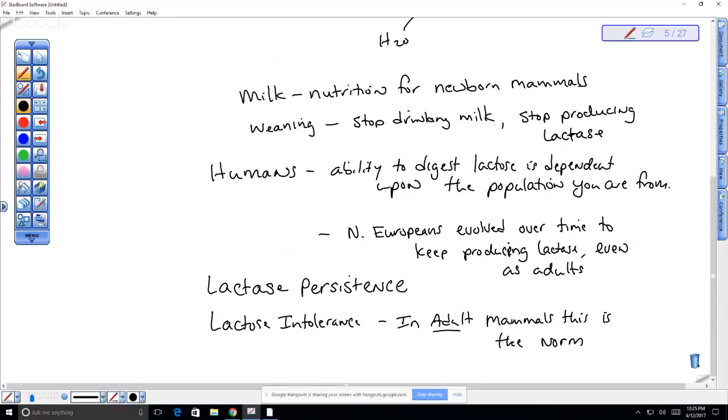And so there's actually another group of humans that can digest lactose, and they are a group of herders in Africa. So there's like two tribal groups in Africa where one group is a herder and one isn't. And the herder, the one that keeps the milk-producing animals, are lactase persistent. So it's not just in the Northern Europeans, there's actually a tribe in Africa as well.